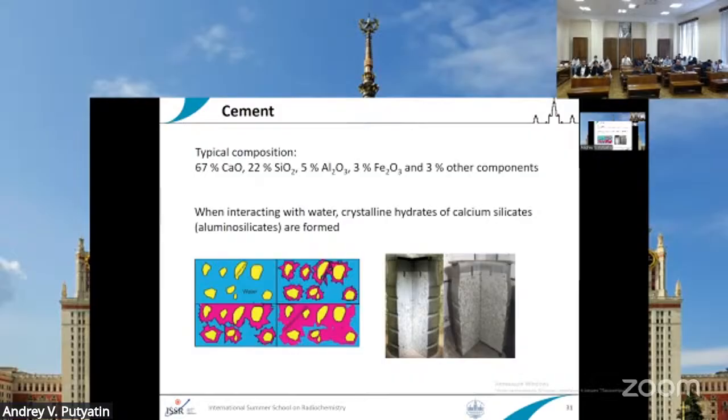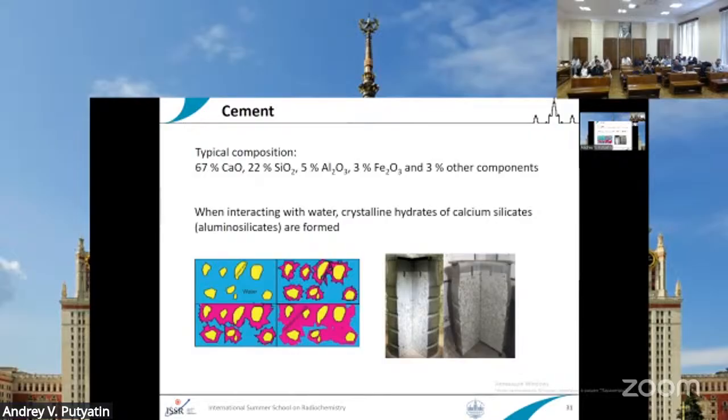It's a very well developed technique, the cementation of anything. Of course, it was used for the cementation of not only liquid radioactive waste. Actually, you can put anything you want in a barrel and pour cement inside, and it will be like a cement stone in the barrel, and all your radioactive waste will be in a good solidified or compacted form.